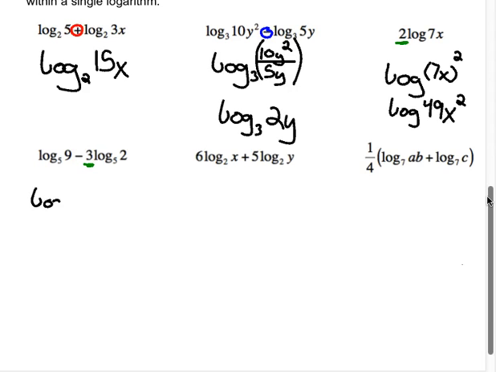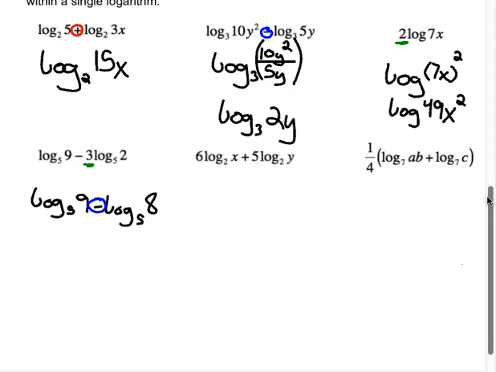So log base 5 of 9 minus 3 log base 5 of 2. That multiplier out front is an exponent. So 2 to the third gives me 8. So that's the first thing I take care of, is if there's any multiplier on either one. Now I can see that subtraction.